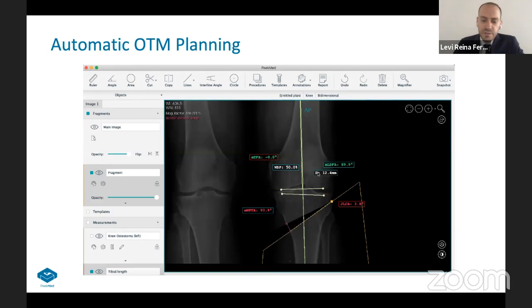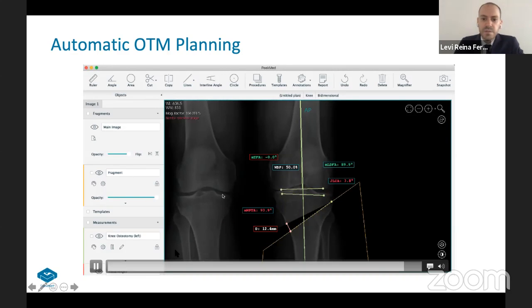And if you look at the tibia, it's at almost 94 degrees. So this is a little bit beyond the acceptable. What happens is that you end up with a big obliquity on the joint line, and the survivorship of the osteotomy might be at risk. So with a simple click, you don't have to worry, you just click it and you take that into account.